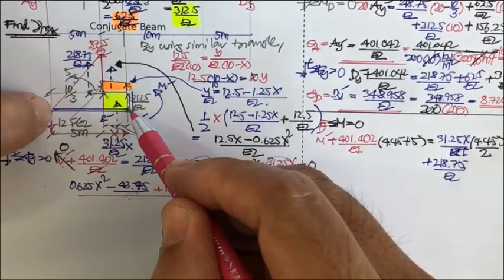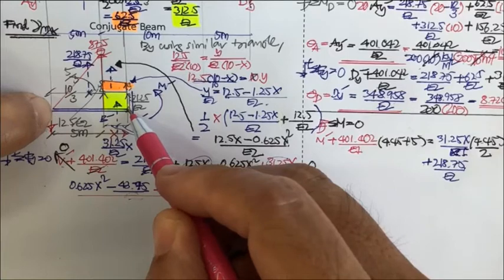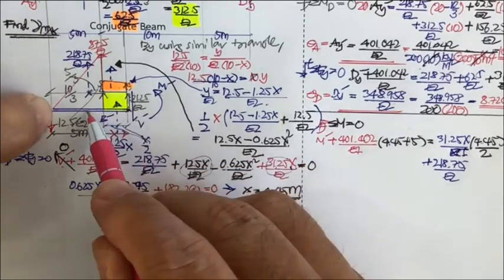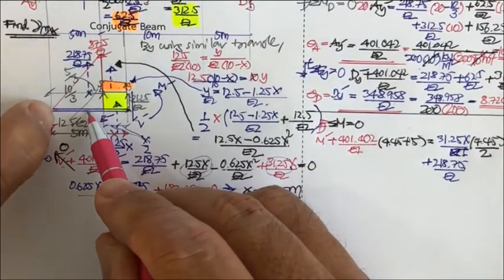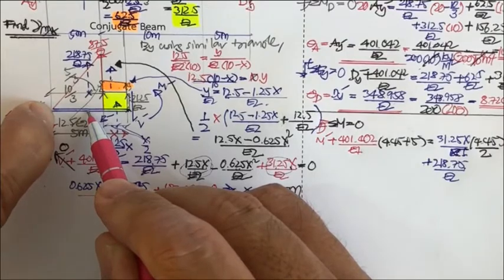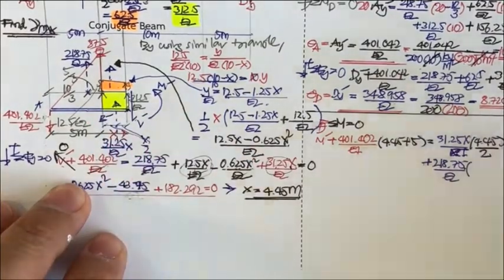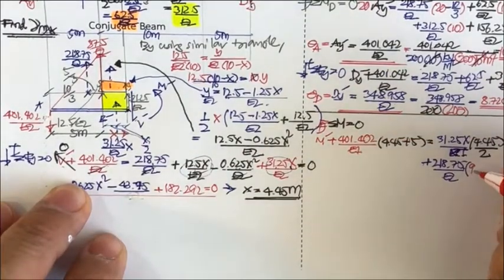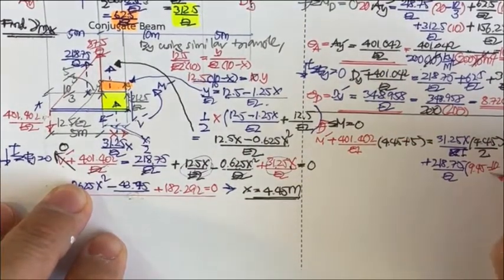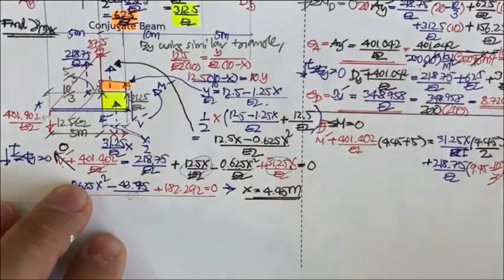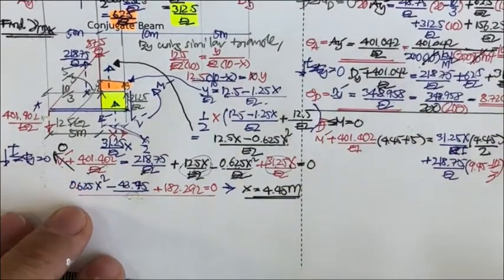So this is 9.45, and this is 10 over 3. So it's better to just do 9.45 minus 10 over 3. Okay, that is next.